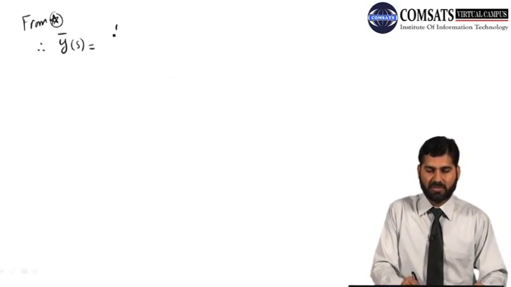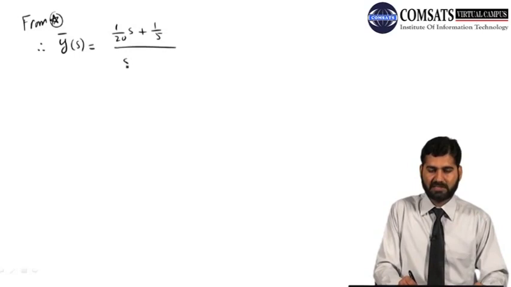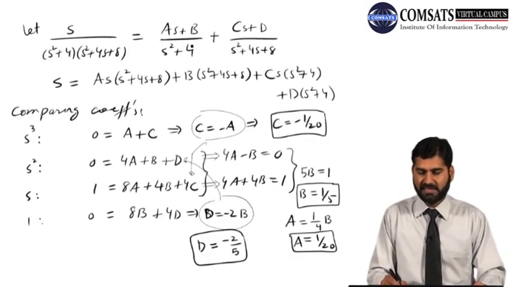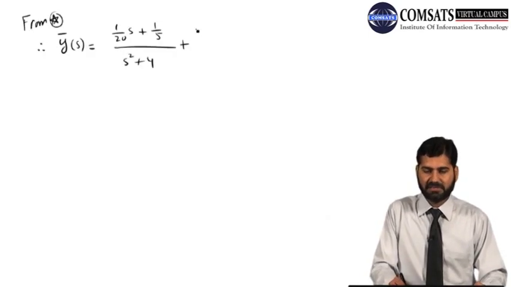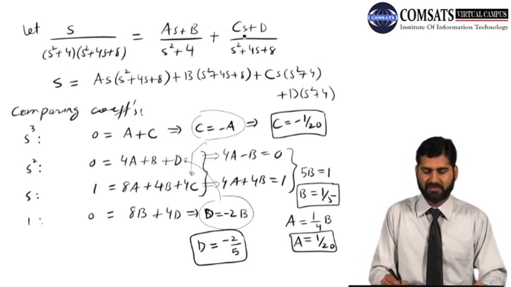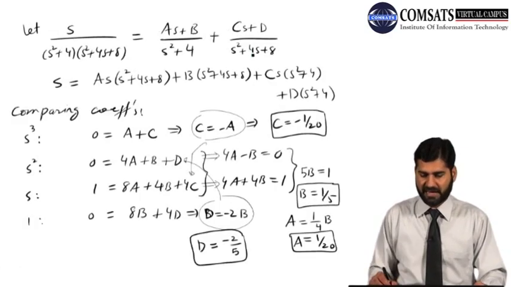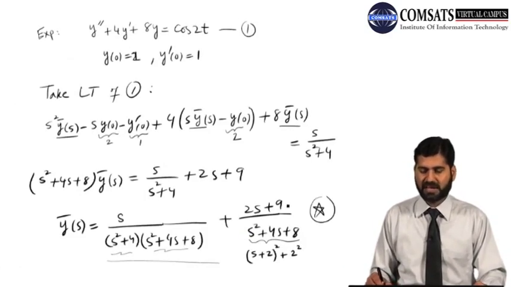So this is (1 by 20 s plus 1 by 5) over (s square plus 4). And then plus (cs plus d), where c is negative 1 by 20 and d is negative 2 by 5, divided by (s square plus 4s plus 8). And then I had these two terms, 2s over this and 9 over this.